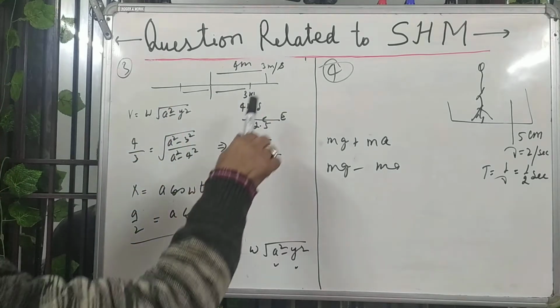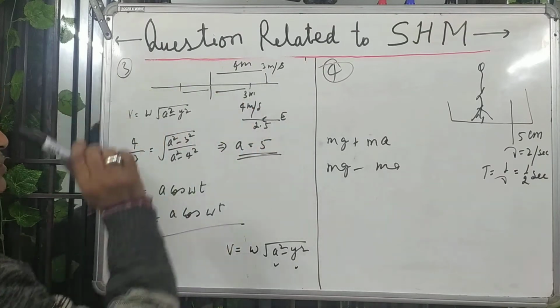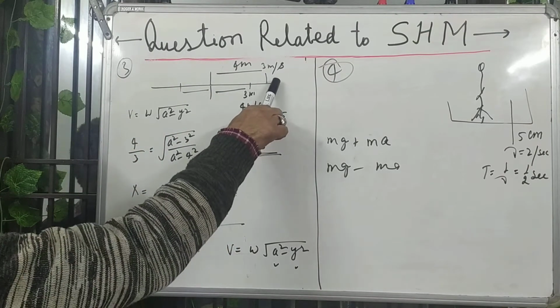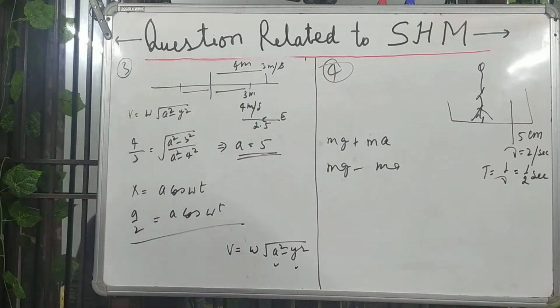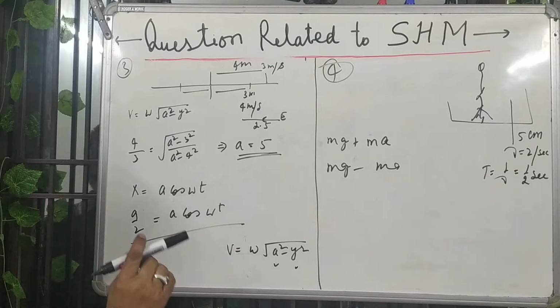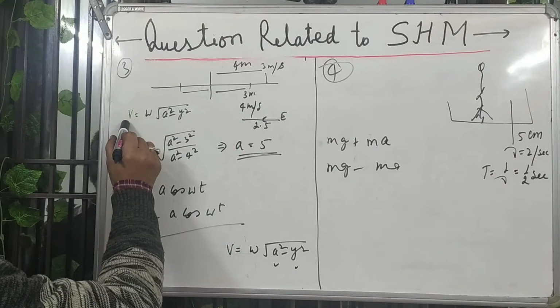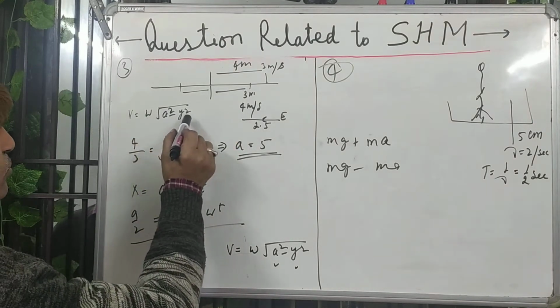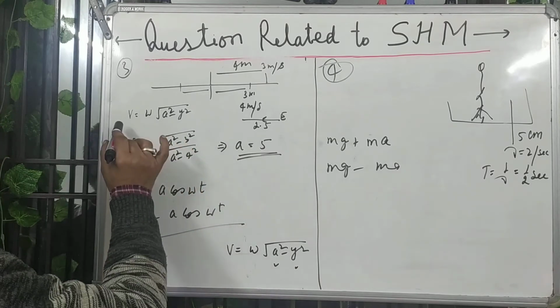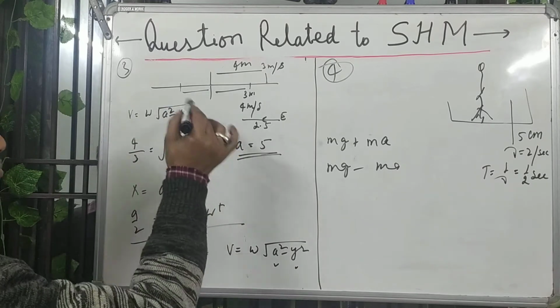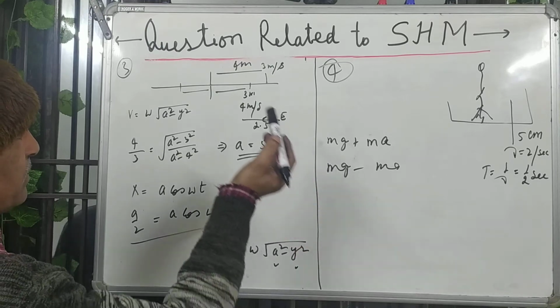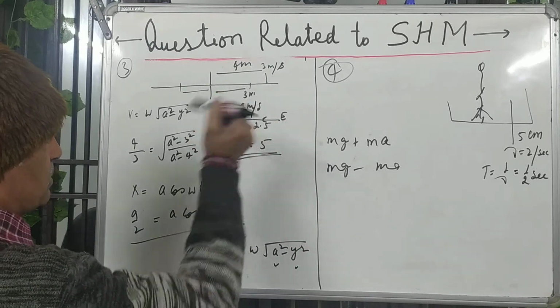So what will be the time to reach from this point to this point? In this operation I am telling you, practically velocity equals omega times root of a square minus y square. This is the equation you apply when the particle moves from the mean position.